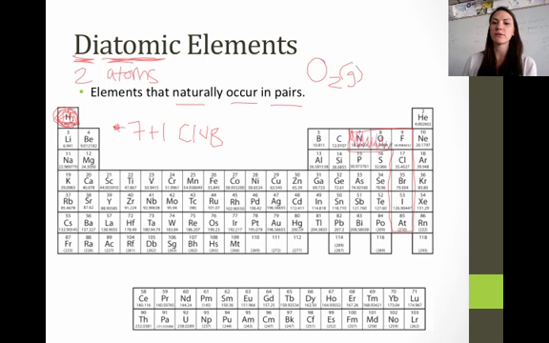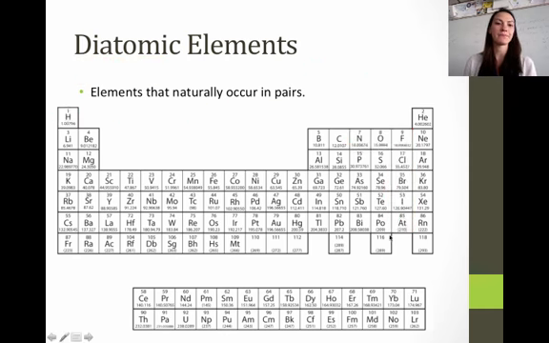Draw a little periodic table and label which elements these are: N, O, F, Cl, Br, I, At, and H. When we write those, we always use the subscript of 2 to show that it naturally occurs in a pair. Let's try it out in our next example.